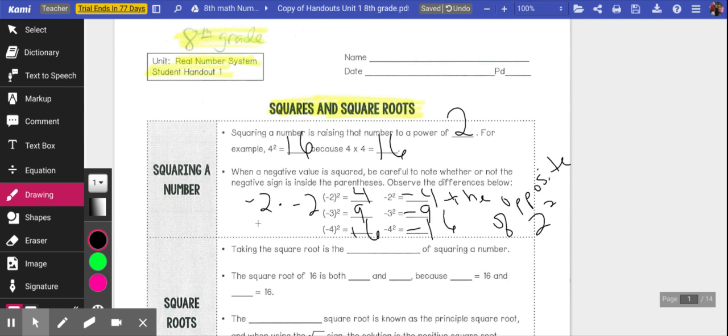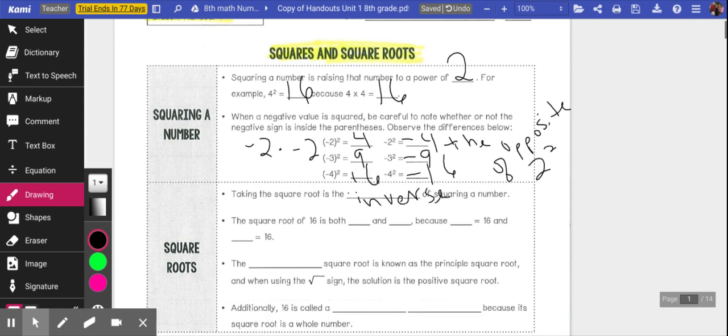So then the opposite of squaring a number is when you take the square root. It's the inverse, or you could say opposite, but inverse is a fancy word you should probably know. It means opposite. So the square root of 16 is 4, but it could also be negative 4, because 4 squared is 16, and if you have negative 4 inside those parentheses and you square it, that's also 16.